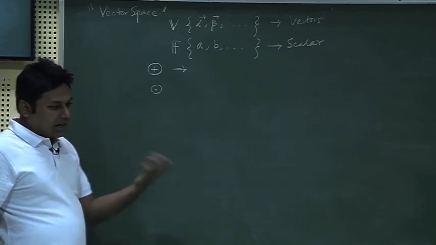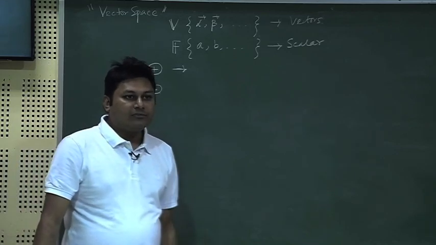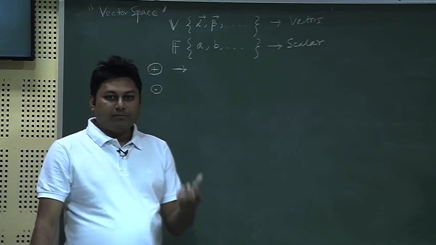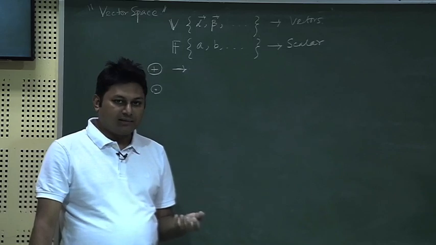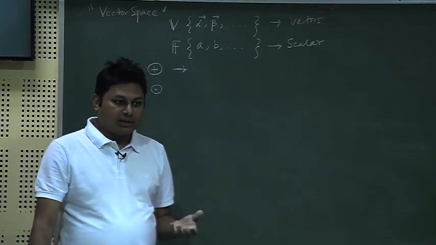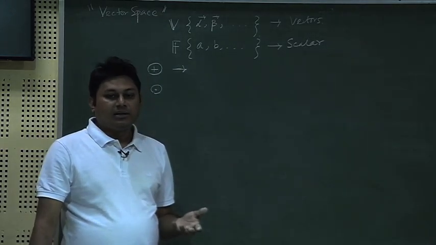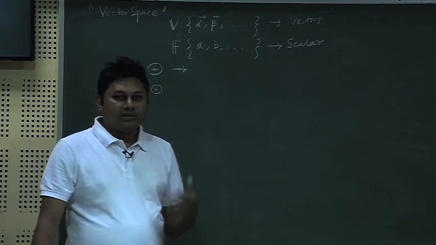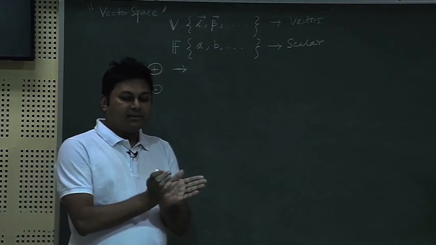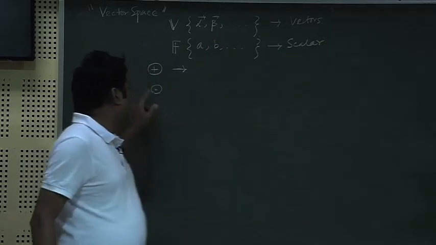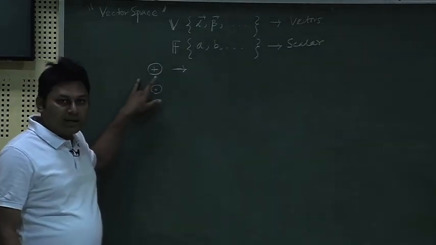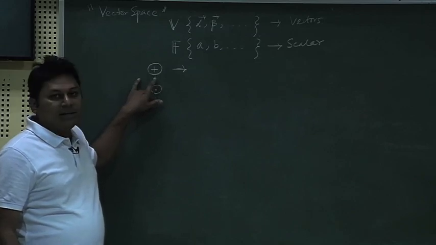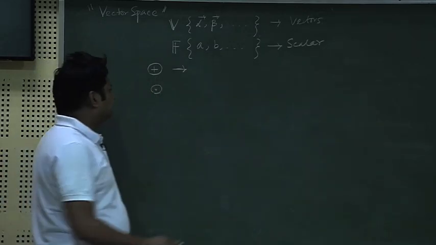In earlier classes we showed that vector addition is also defined by plus, but this plus sign is not critically the normal addition we know. It is not 2 plus 5 is equal to 7, it is something different. Two vectors when added have a rule, so to distinguish these I need to put a different sign instead of plus.